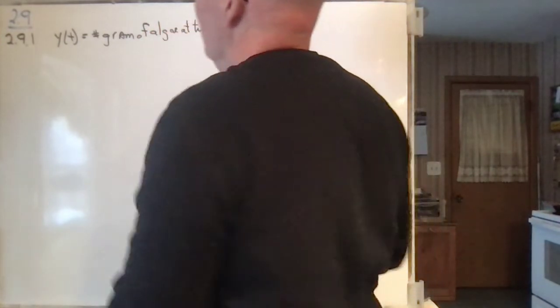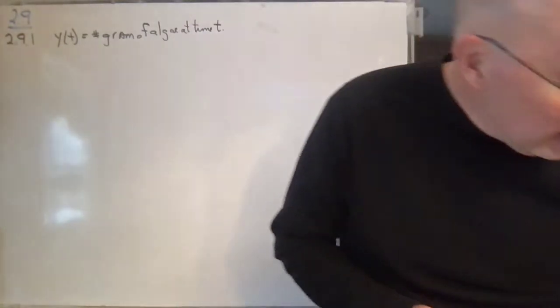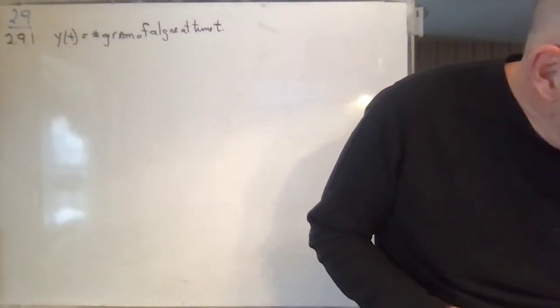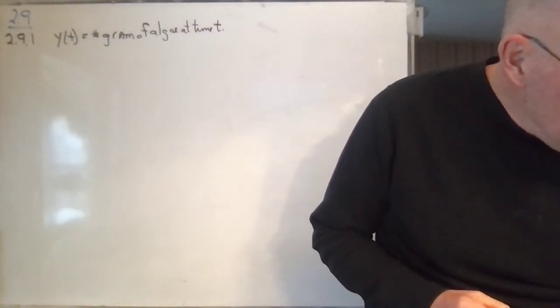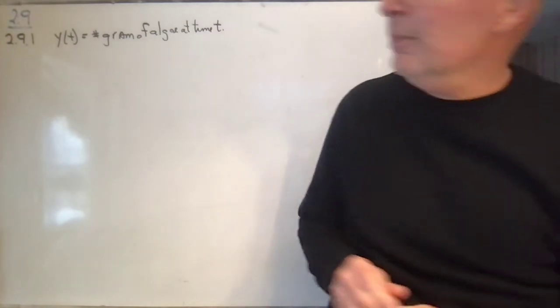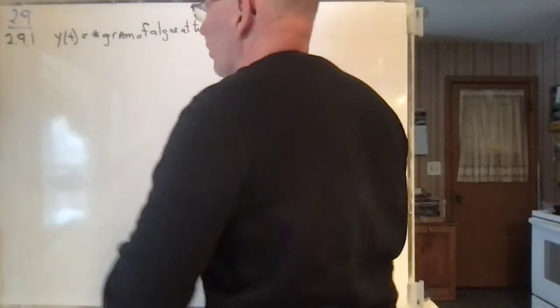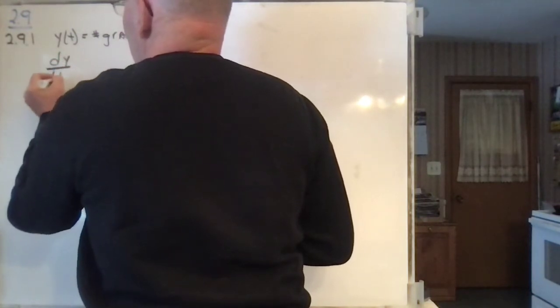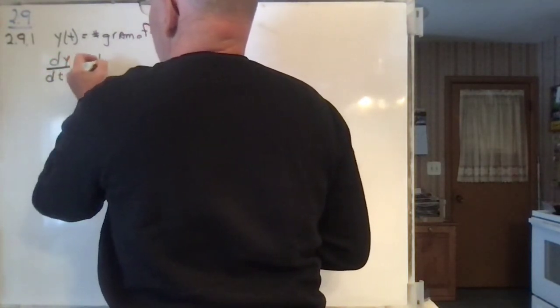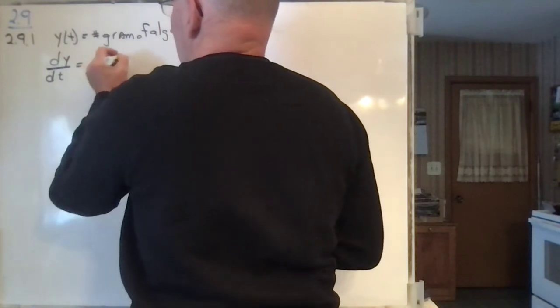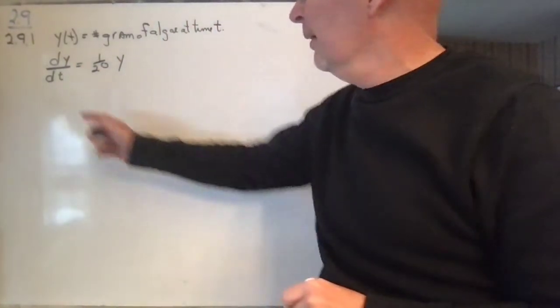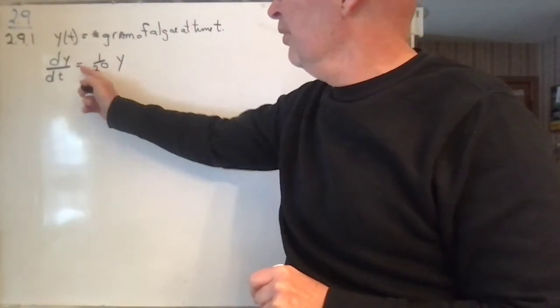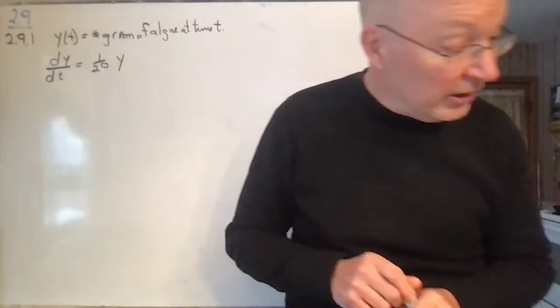Okay, so we've got some initial time. And what are we told? We're told that the algae multiplies at a rate of 5% per hour. So in other words, the rate of increase of this population is 5%, or that would be the same as 1/20th y. Agreed? The amount of change is 5%, or 1/20th of what's there.